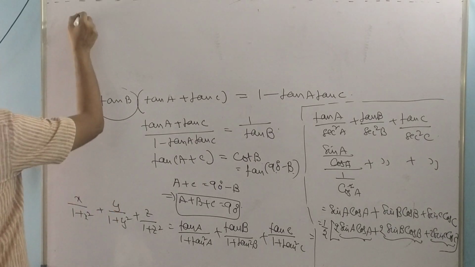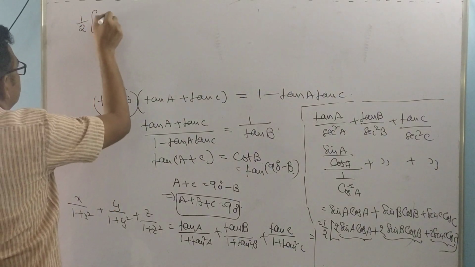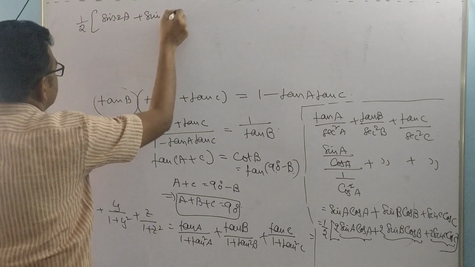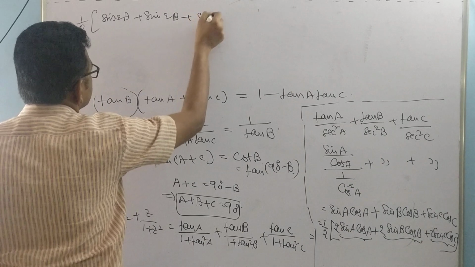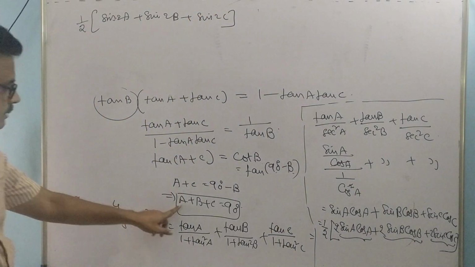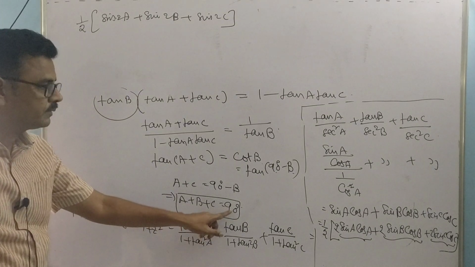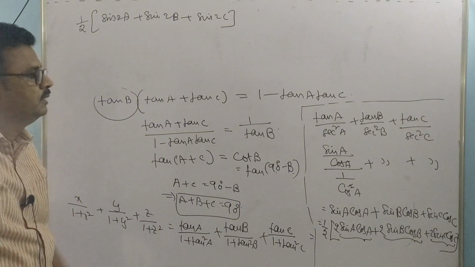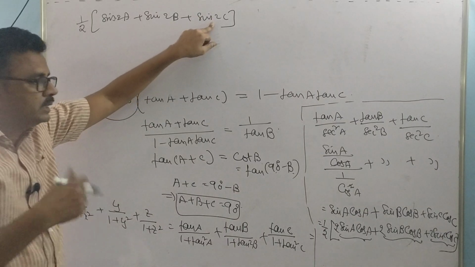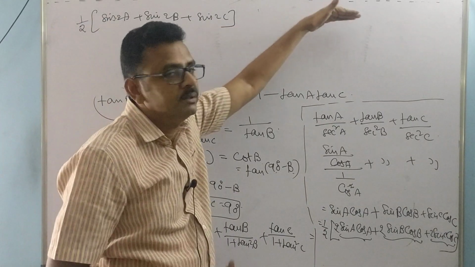That is equal to 1 by 2 of sin 2A plus sin 2B plus sin 2C. So if A plus B plus C equal to 90 degrees, what about sin 2A plus sin 2B plus sin 2C equal to? Just now only the previous sum.